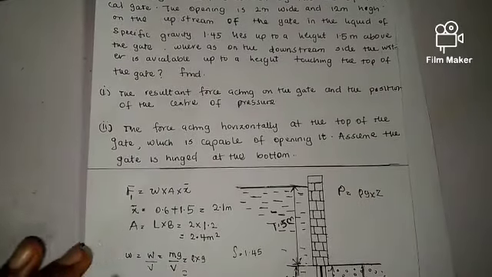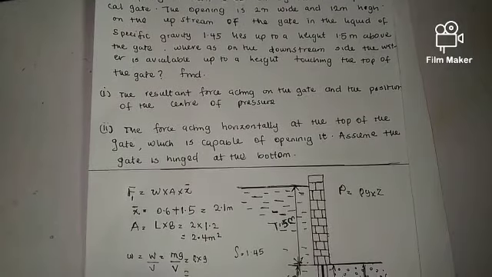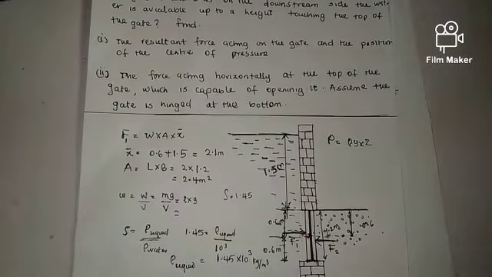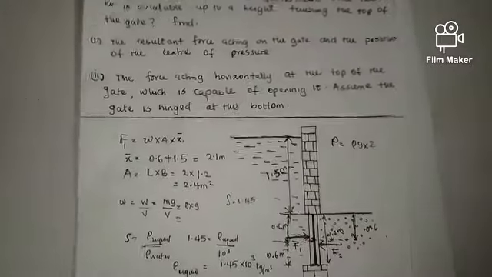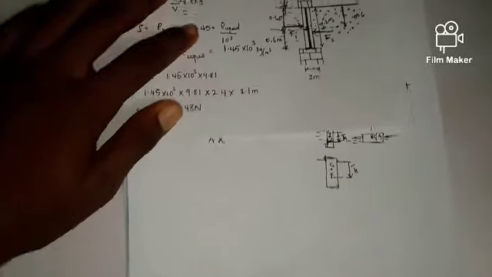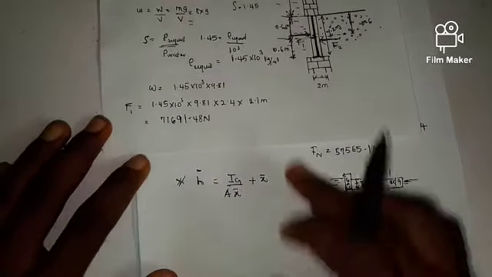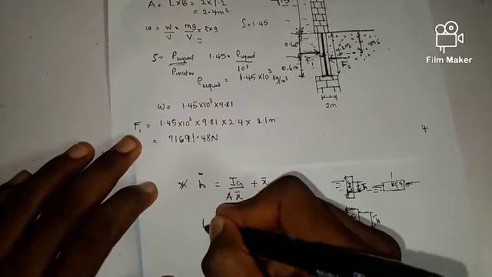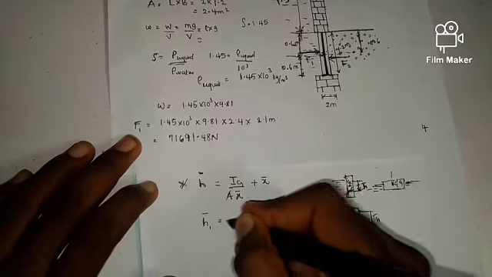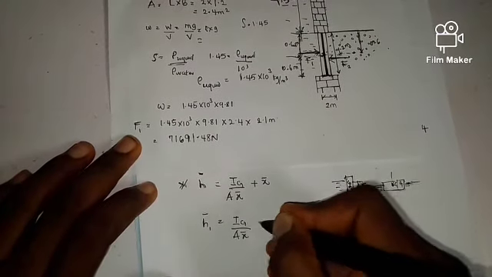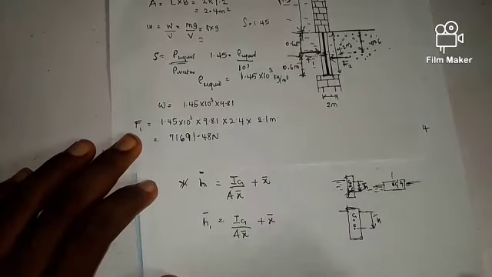So to calculate the center of pressure due to the first liquid, let's call it H1, equals Ig over A bar plus X bar.